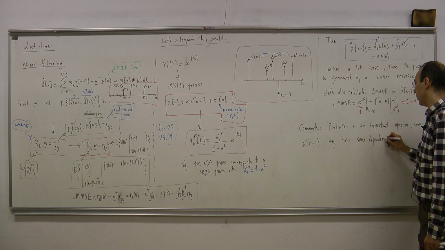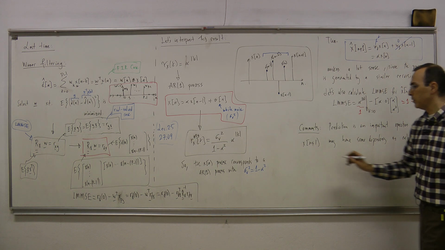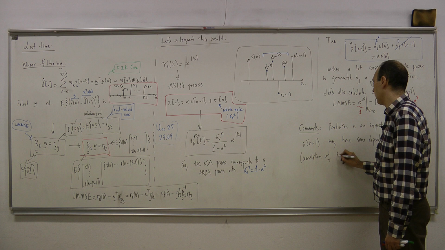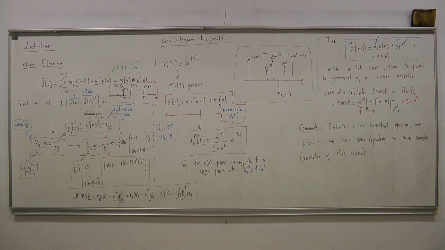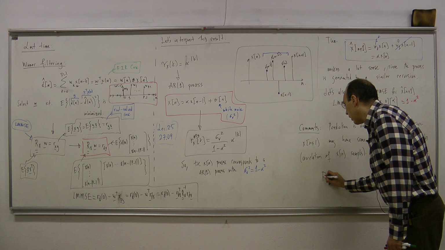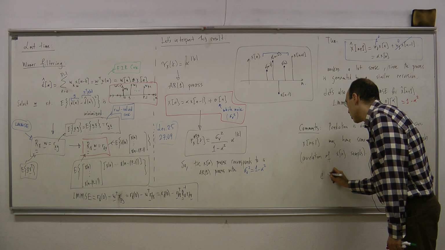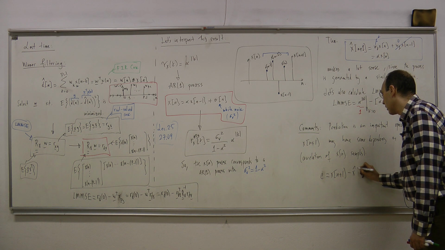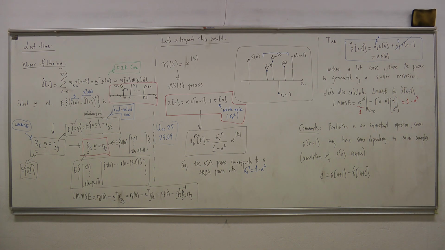In general it is dependent, and that is the way we can predict it, on earlier samples. That is actually the correlation of x of n samples. Now let's note this. If I define my error like this, this is the prediction error: x of n plus 1 minus x hat, this is my estimator.